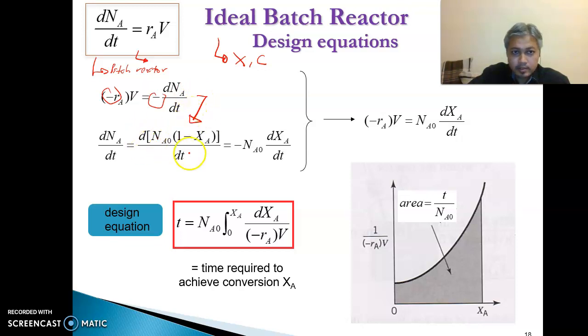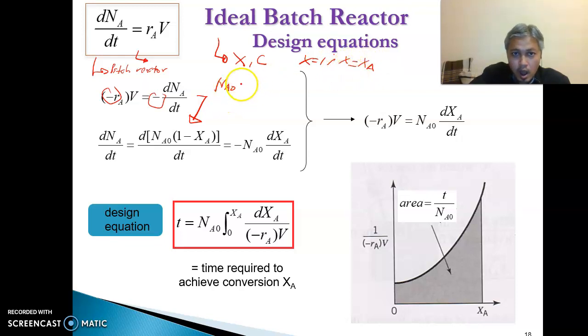But how to get this? We know that we have an initial amount of Na naught. If you want to relate it with the conversion, Na naught means the conversion is equal to 1, right? At time t, we have Xa as the conversion.